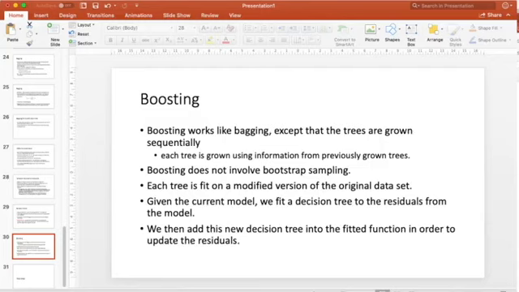Each tree is fit on a modified version of the original dataset. Given the current model, we fit the decision tree to the residuals from the model. It's like a feedback mechanism to tell us what went wrong or what went right. We then add this new decision tree into the fitted function in order to update the residuals, and that process is called boosting.